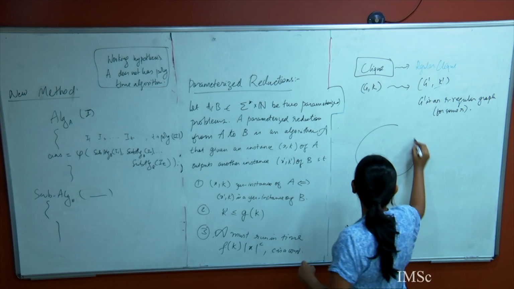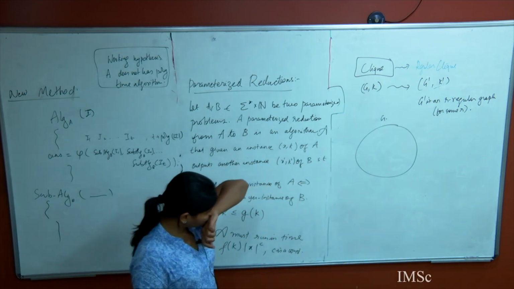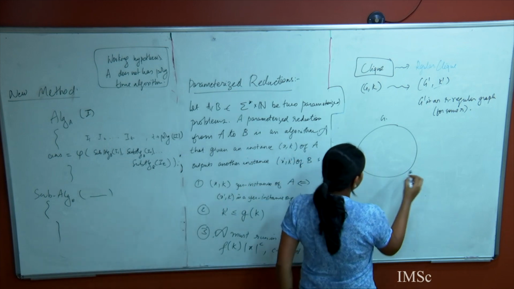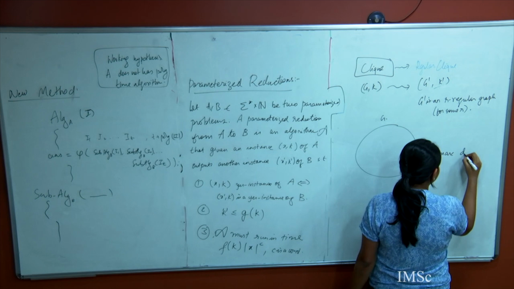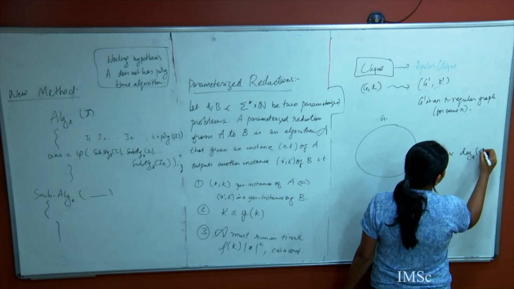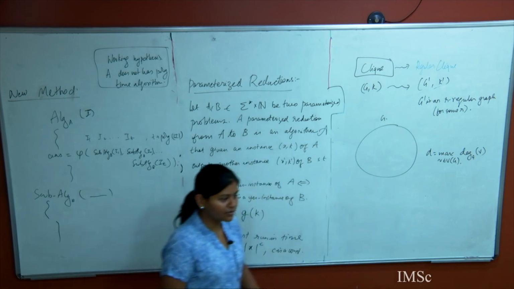So we have this graph G. Let D be the maximum degree, the max over the degree of v in G, v belongs to V(G). Okay, D is this number.